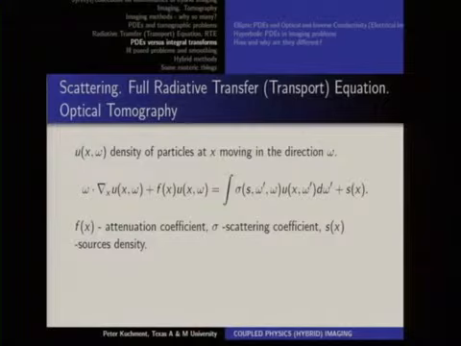So f of x now accounts not only for particles absorbed and dead, but those that scattered away and we don't observe them anymore. However, there are reasons which I don't want to discuss, by which it is more or less innocent to drop this term in X-ray CT. It's not innocent at all in optical tomography.